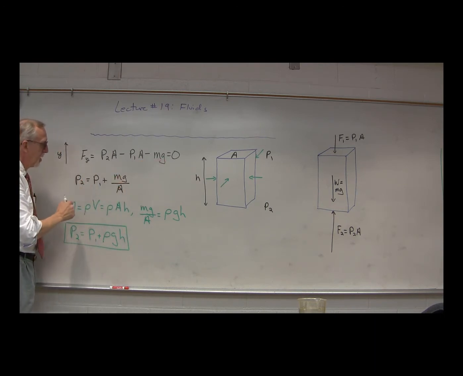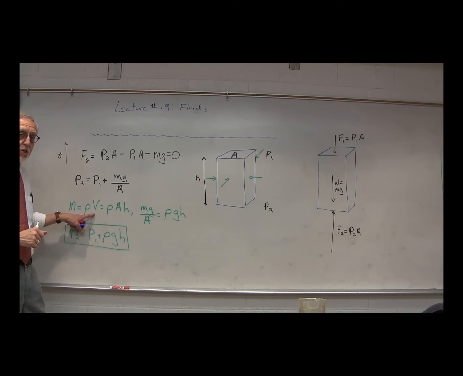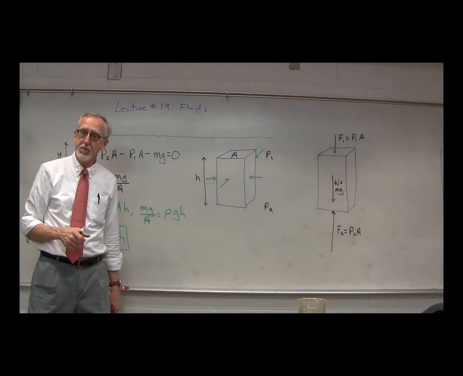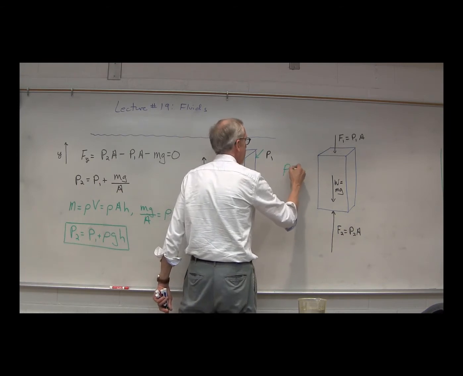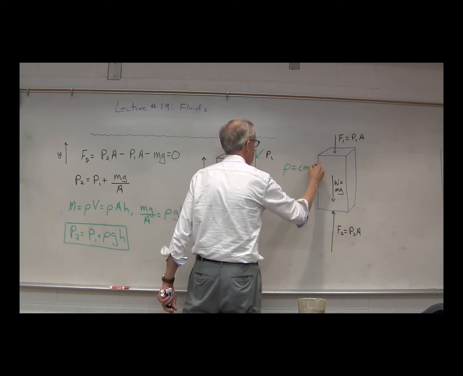Okay, there we go. Now, let's think of the mass as the density times the volume. We know the density is mass per volume, so the mass will be the density times the volume, if we assume that we have a uniform density. So we'll make an assumption that the density is a constant.